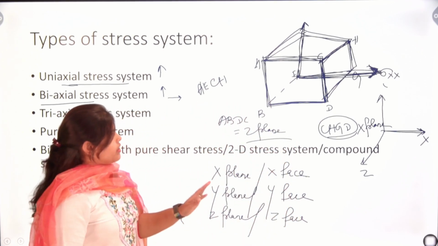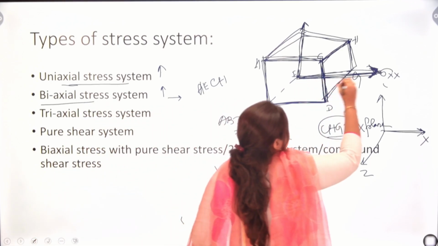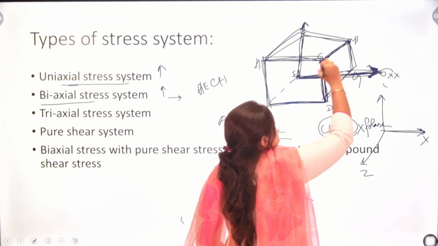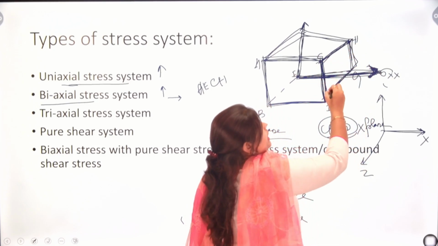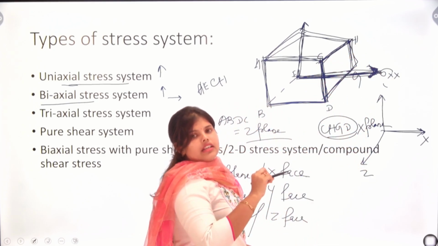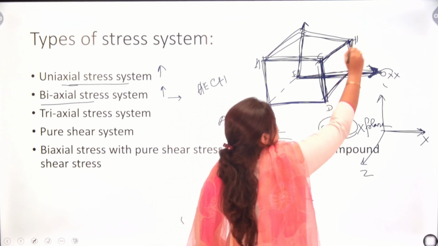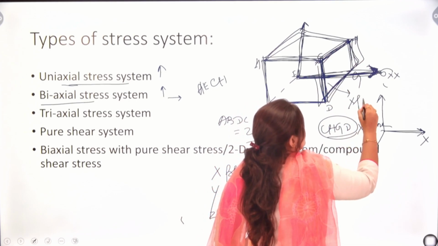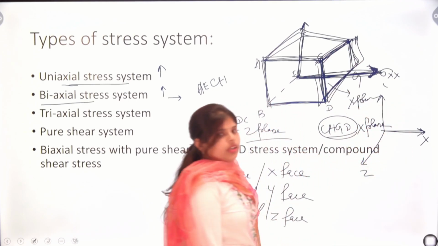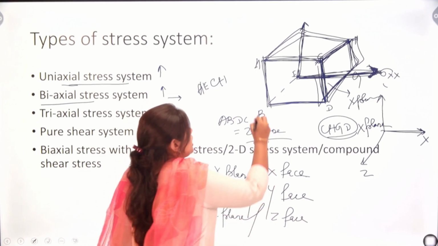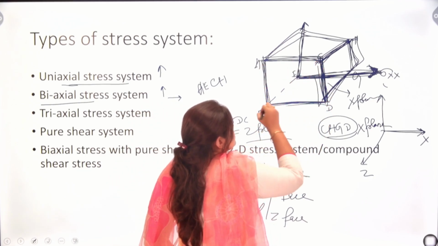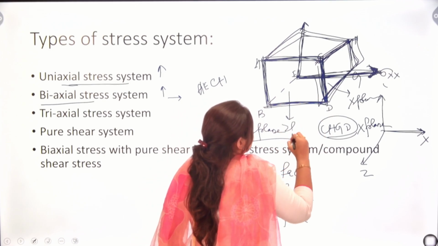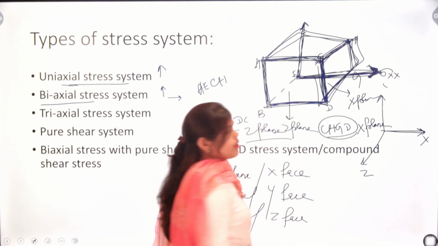For better understanding, the x direction is the horizontal direction, so the plane that the horizontal direction cuts is the x plane, right? Likewise, this front face is cut by the z axis, so this is our z plane.